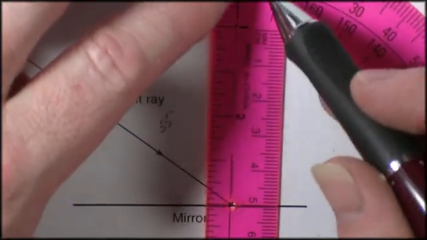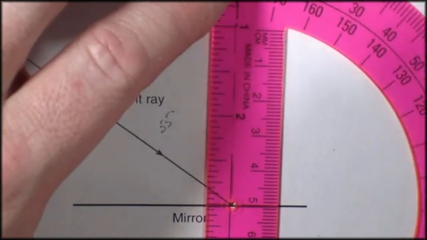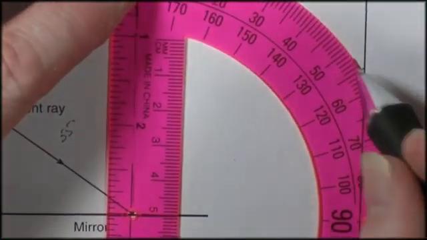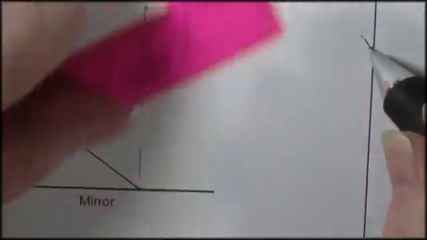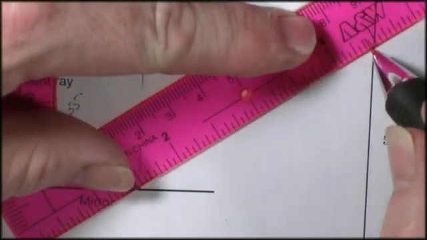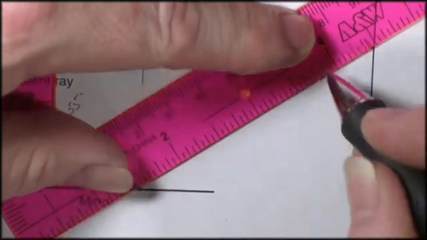So 10, 20, 30, 40, 55 degrees. That may be off your paper just a little bit. And then that would be my reflected ray.